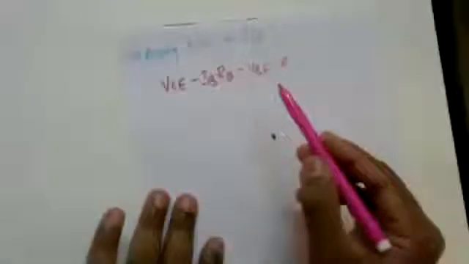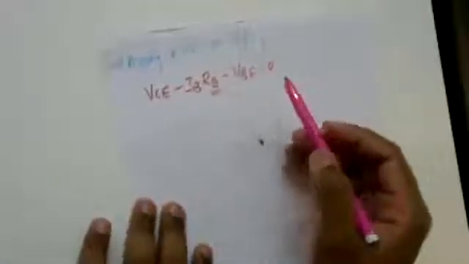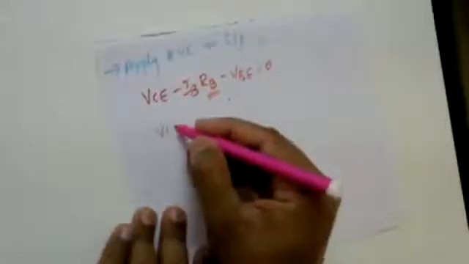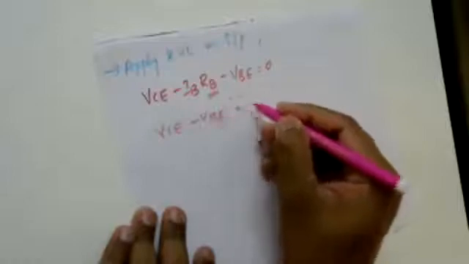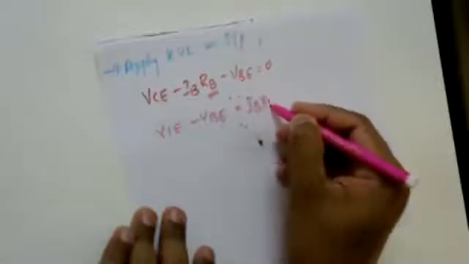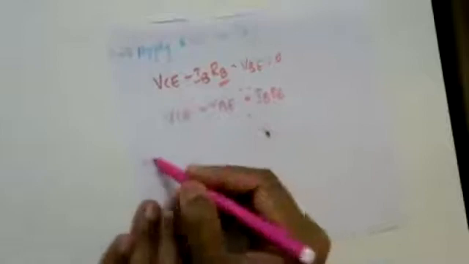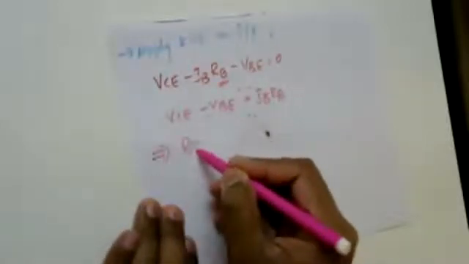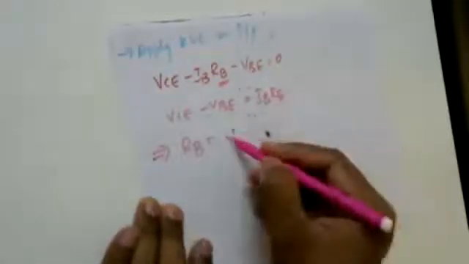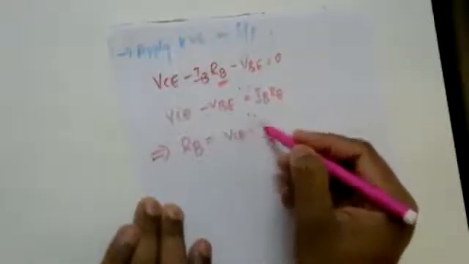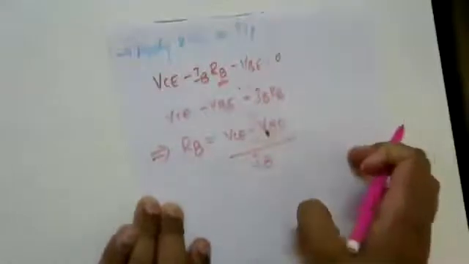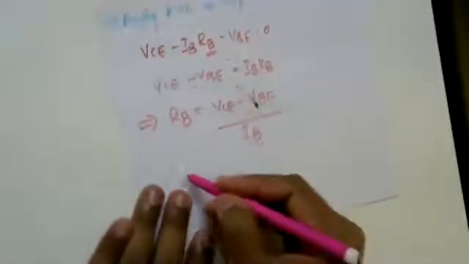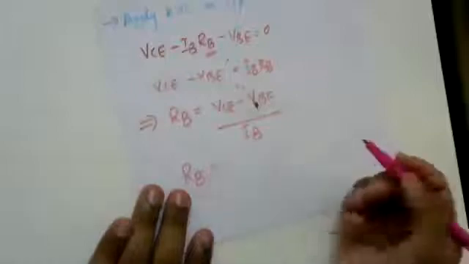Over here, my intention is to compute the value of RB. So I'll send this term to the other side. This becomes VCE minus VBE is equal to IBRB. This implies the value of RB is equal to VCE minus VBE divided by IB.